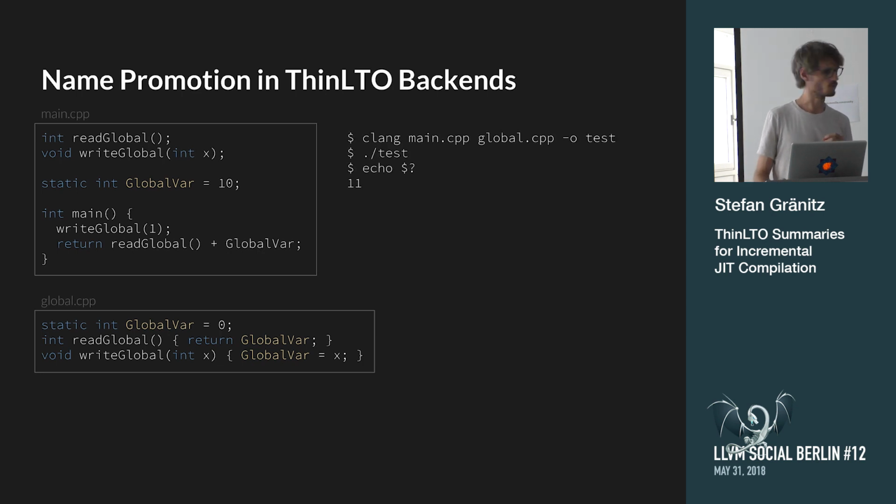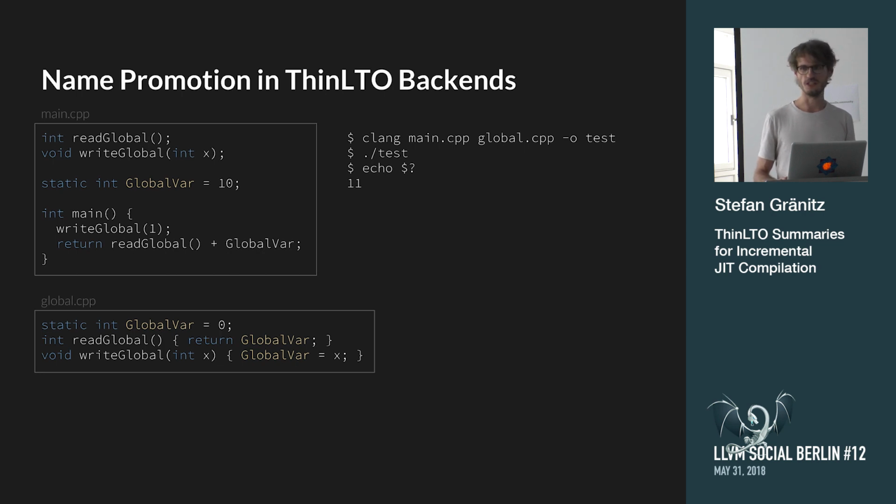If we compile that, we should get something like 11 in this case. Down here we have this global CPP that also gets compiled and linked in, and this also has a global variable with the same name as the one we have up here. And it has the definitions for read and write global, which are straightforward, so I don't need to explain that.